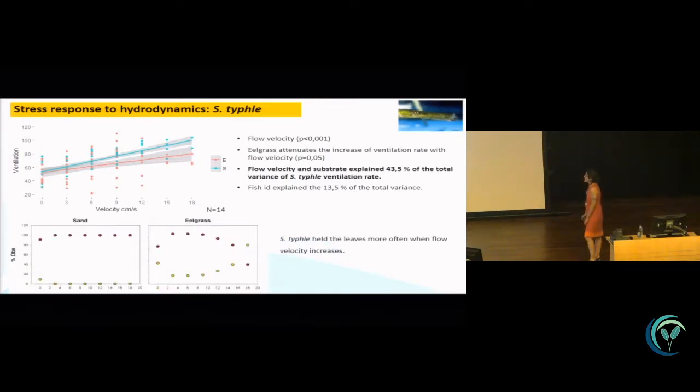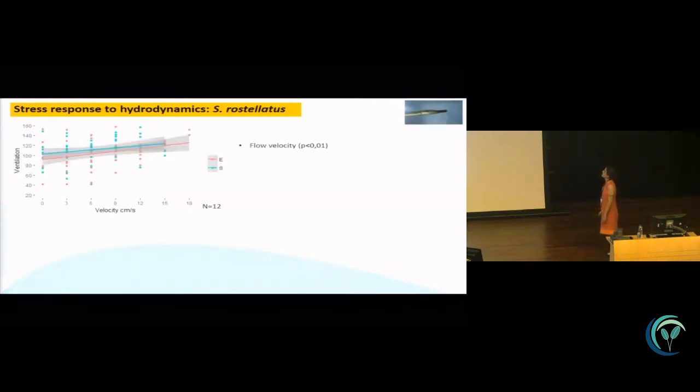And regarding behavior, well, in sand they don't have a lot of options. I mean, they are resting at zero velocity, or they need to swim because otherwise they are dragged by the flow. The interesting part of this plot is this: when velocity increases, Syngnathus typhle held the leaves more often.